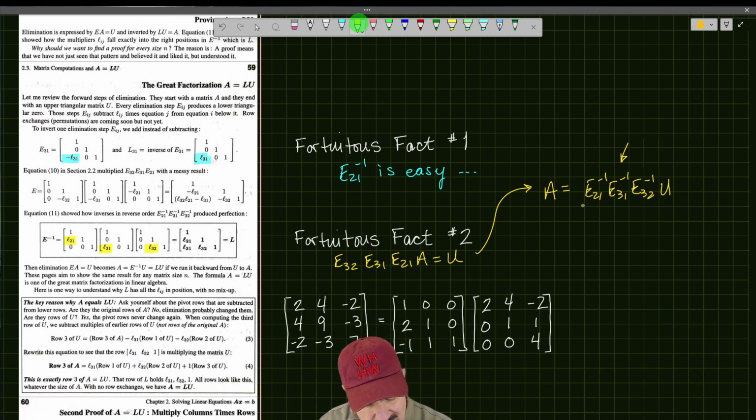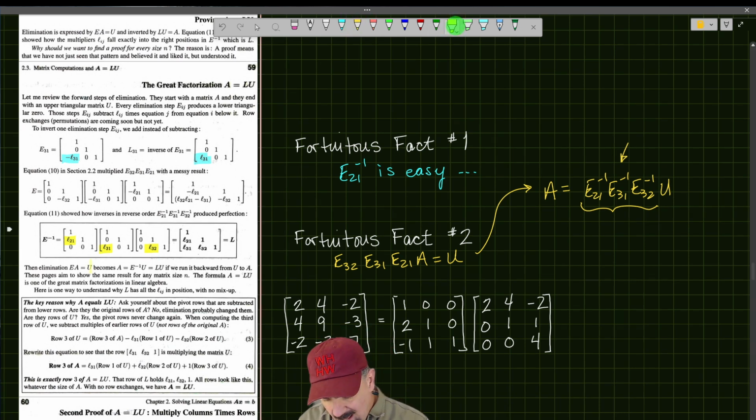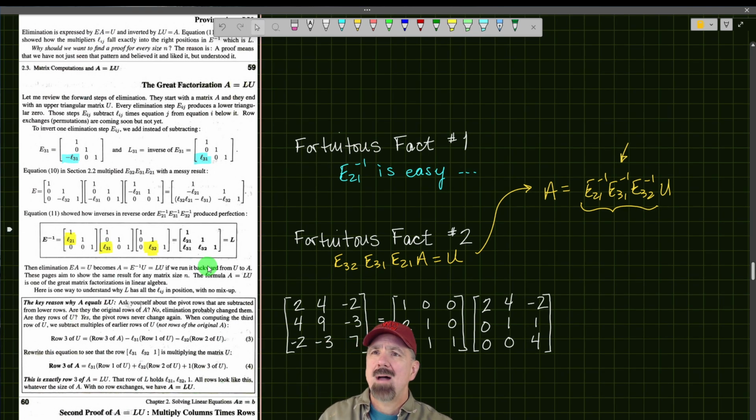And we've already said finding the inverses is easy. So the other part that is easy, fortuitous fact number 2, is taking the product of these matrices, which normally, matrix-matrix multiplication is order n cubed. We don't have any calculations to do. We know exactly where the values are going to fall for these elimination matrices. And that's what I've highlighted over here. The L values are all automatically dropped straight into this matrix.